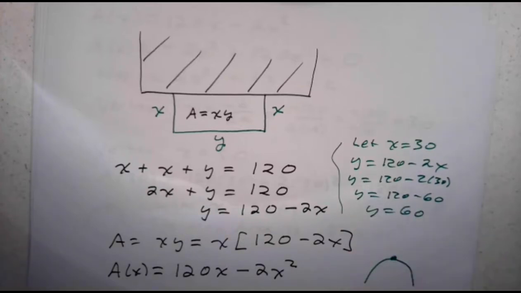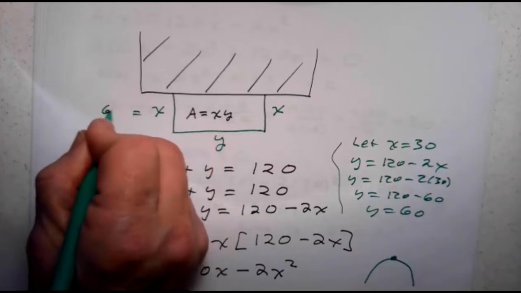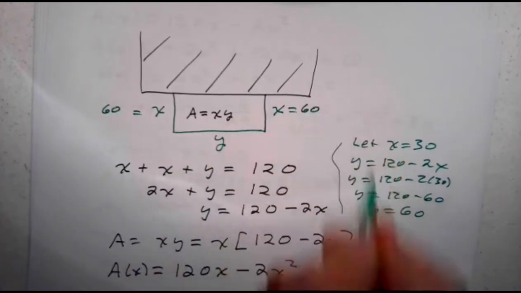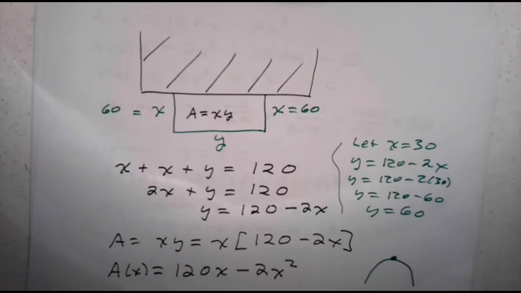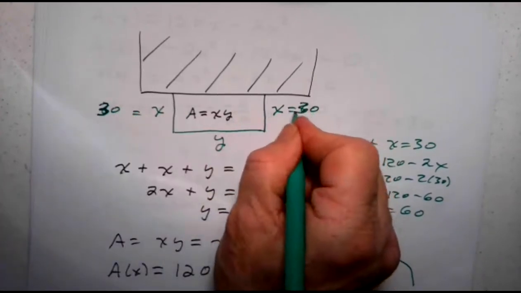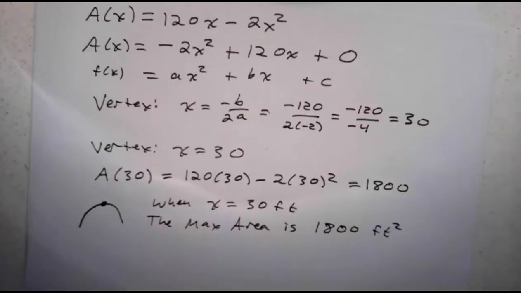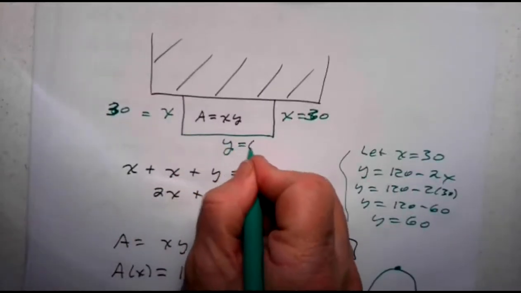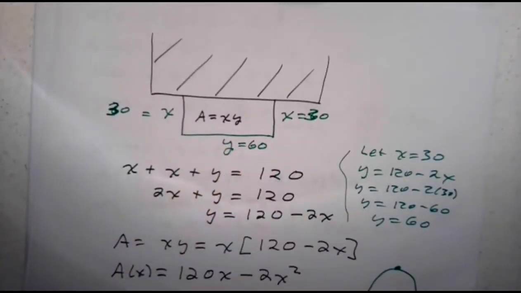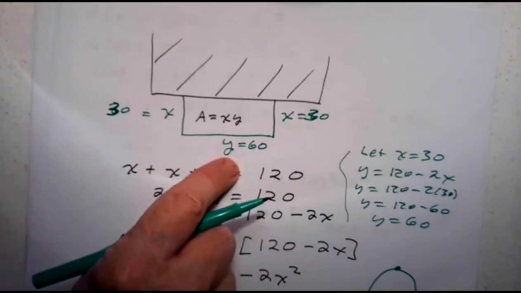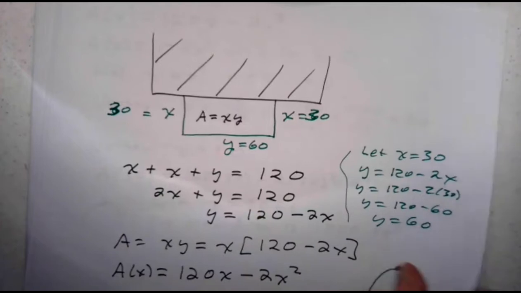So looking at our picture here, x is 60 feet. Check that, x is 30 feet. We saw that on the other page, right? x is 30 feet. And then y, we just did, y was 60 feet. And then our maximum area is how much? 30 times 60, x times y is 1800 square feet.